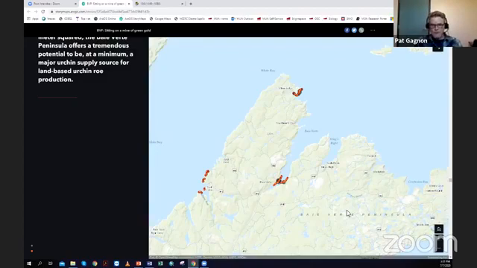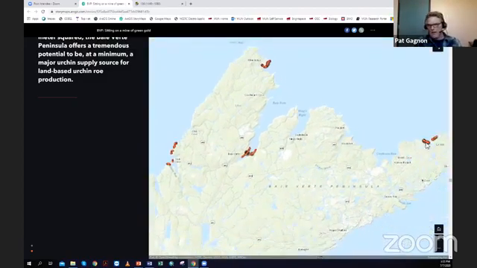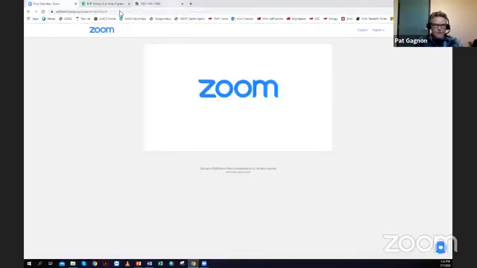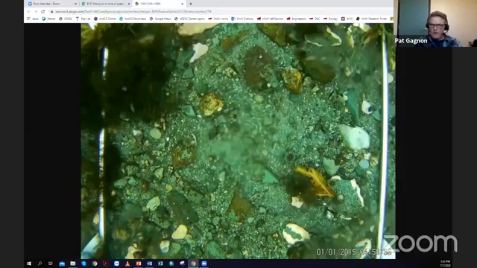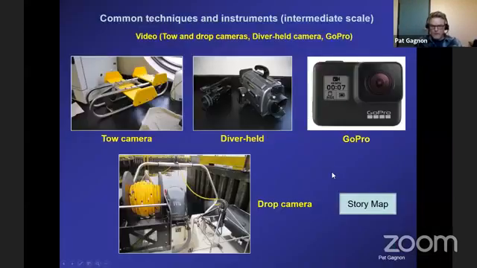And we use this information to determine if each of the 4 areas we were interested in had a potential, again, to produce enough urchins to extract roe and send that on the Asian markets. So that's another concrete example of things that we did using the drop camera system.